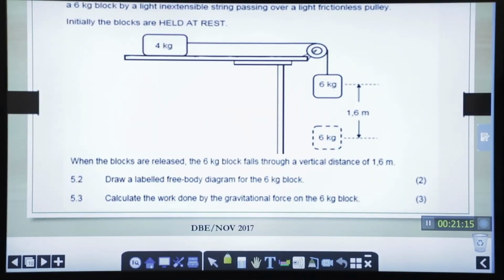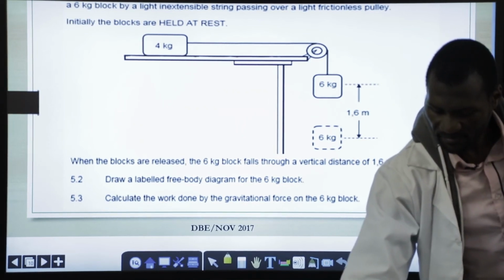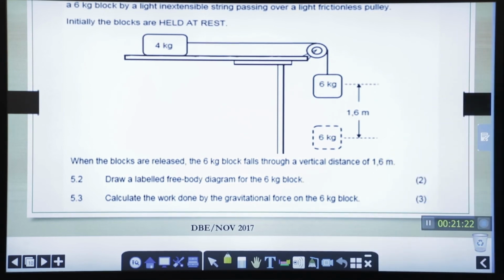That does it. Another question that we can look at before we come to the end.